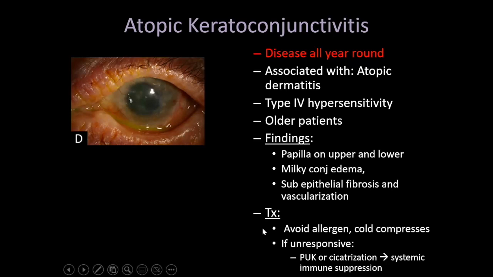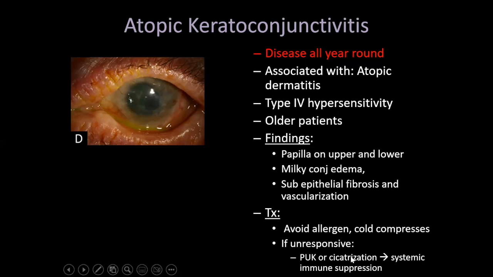So the supportive measures are application of cold compresses. Of course, you have to avoid the allergen, and then unresponsive cases can even progress to give a scenario of a PUK. One unique feature of atopic keratoconjunctivitis is cicatrization.